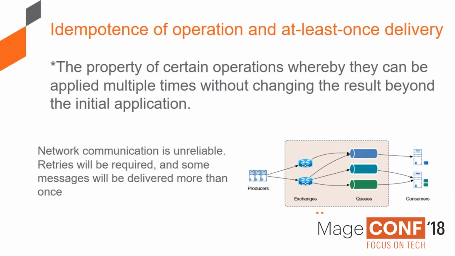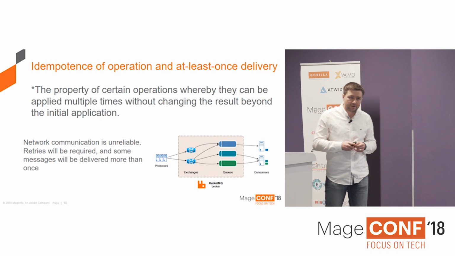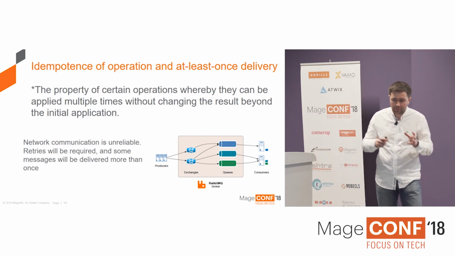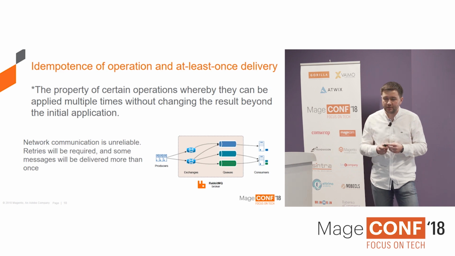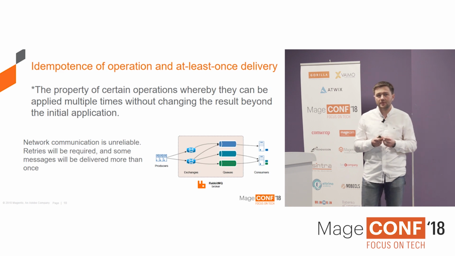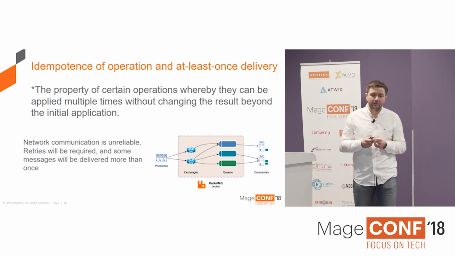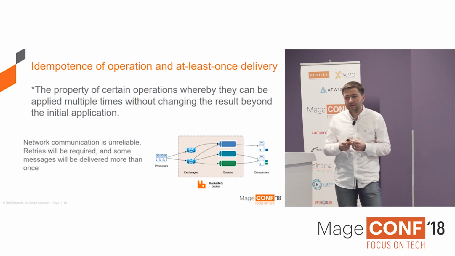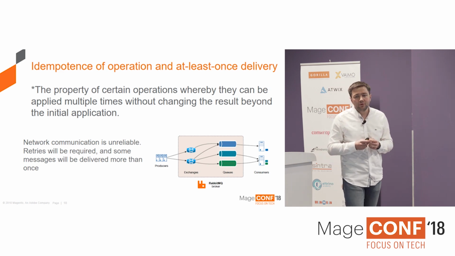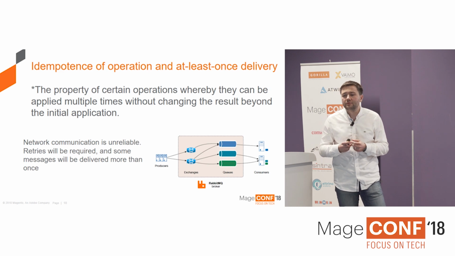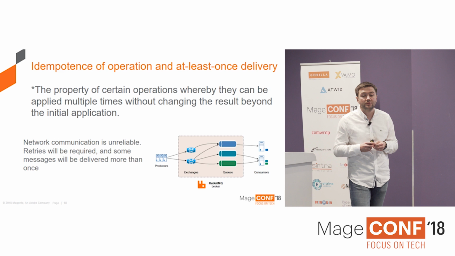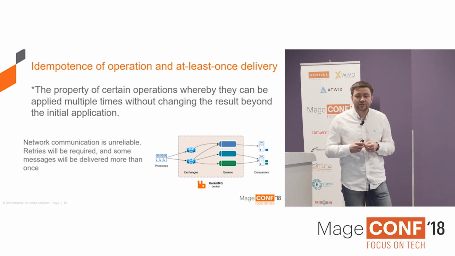And as I said when I was talking about the compensation of a particular operation, not all operations can be compensated. So here we come to the idea of idempotence of operations and at-least-once delivery. Idempotence is a property of certain operations whereby they can be applied multiple times without changing the result beyond the initial application.